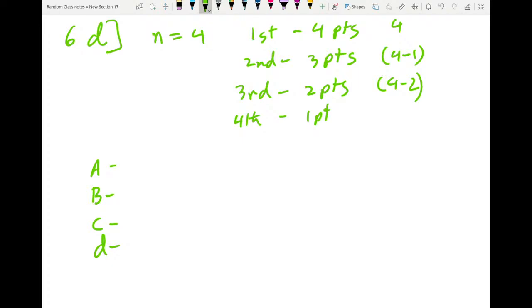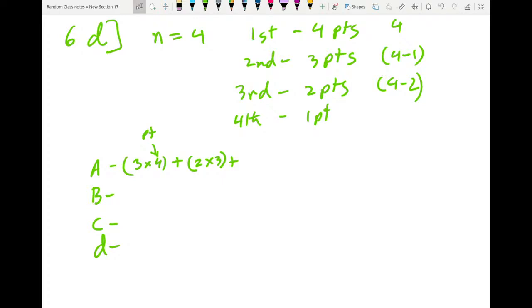So now let's look at it. How many first place votes did A get? A got a total of 3 votes, and we multiplied that by 4. That's the points awarded, okay? Then how many second place votes did A get? 2 times 3. How many third place votes? 0.